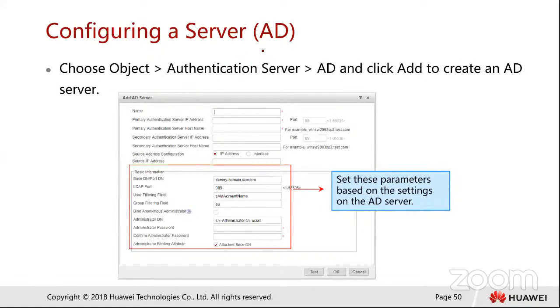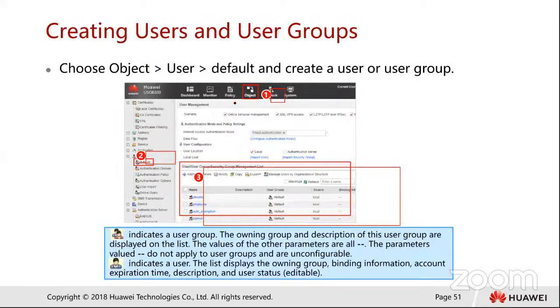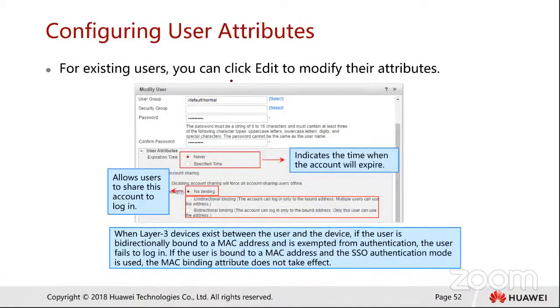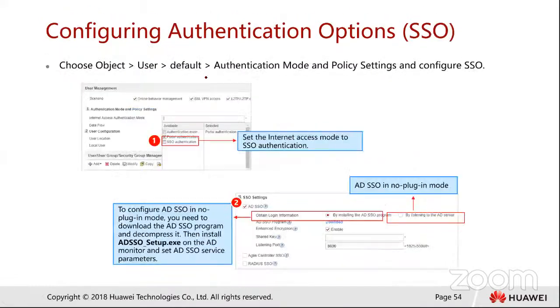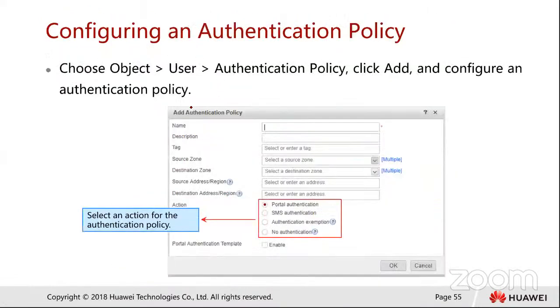If you want to configure an Active Directory server, still select Object, Authentication Server, then click AD, and then click Add, and then create the Active Directory server. When you're creating users and objects, basically, this is the process you go through. I will not go through this. They're a bit straightforward. Just get the slides and try to look through them.